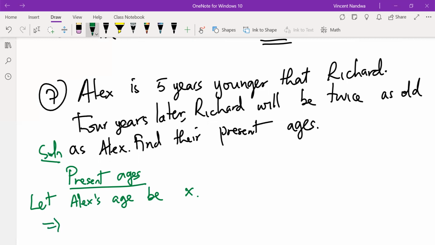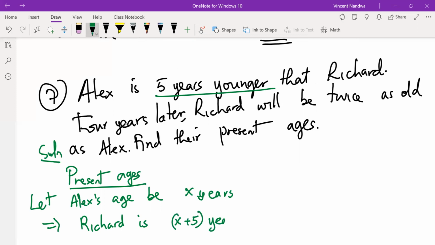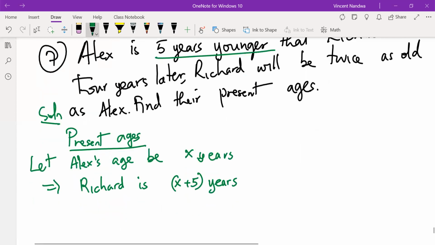So this means Richard is, when you say Alex is 5 years younger than Richard, if Alex is X years, younger by 5 years, then Richard should be X plus 5 years. So those are their present ages. Let's say ages in 4 years' time.